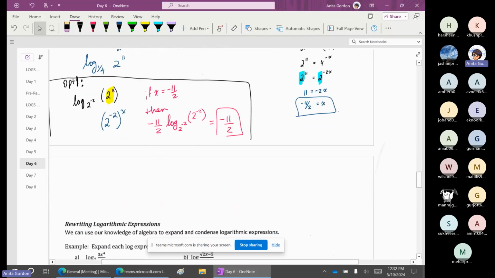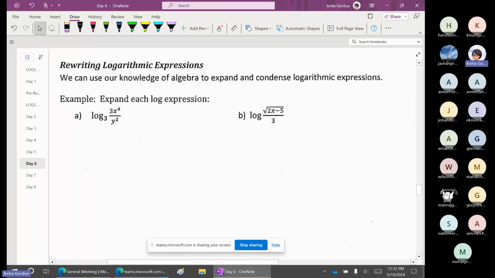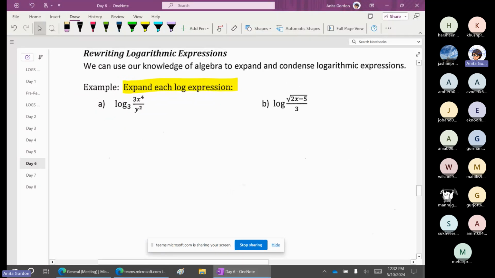Let's do a couple more examples. Flip to the next page. Very carefully, I want you to expand each expression.